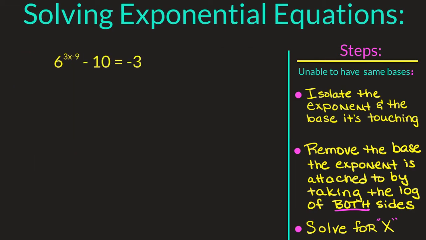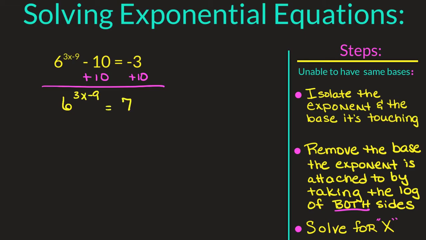Looking at example 3, we have 6 to the 3x minus 9 power minus 10 equals negative 3. Let's isolate that 6 base. We're going to add 10 to both sides, leaving us with 6 to the 3x minus 9 power equals 7.